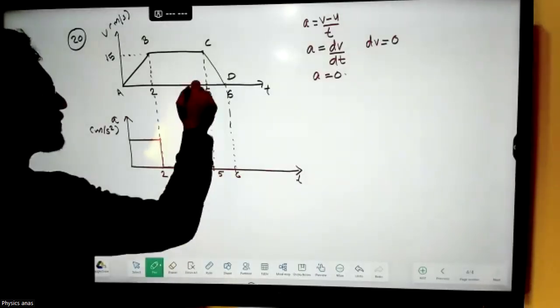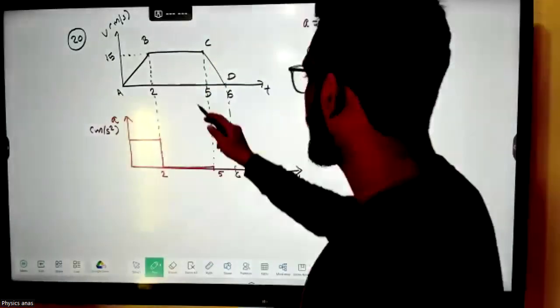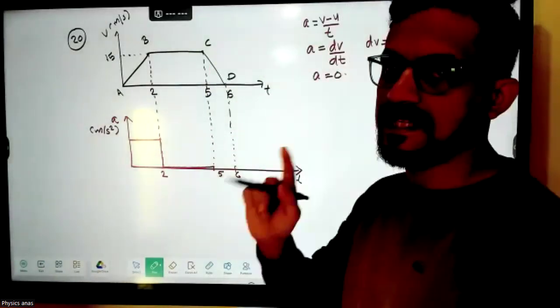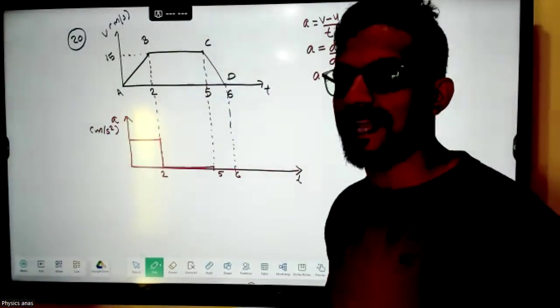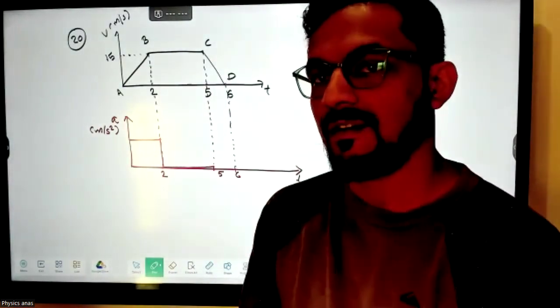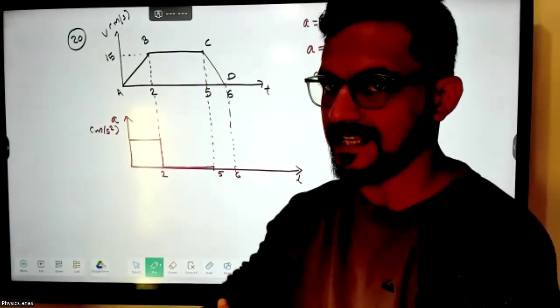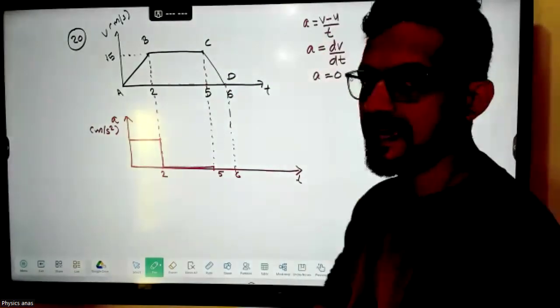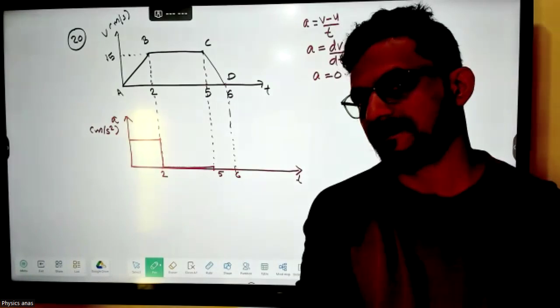From 5 to 6, what happens to acceleration? From 5 to 6, what is happening in the velocity time graph? Velocity has a negative slope. What is a negative slope? Velocity is decreasing. If velocity is decreasing in a constant manner, what will be the acceleration?